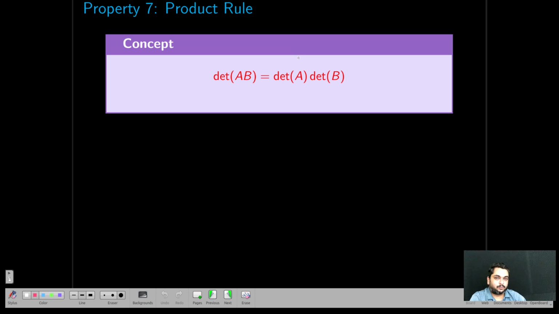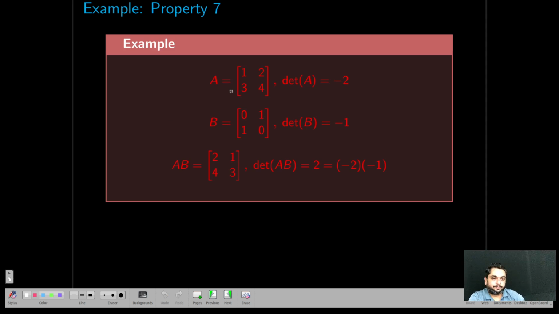The sum rule for determinants will not work, as I told you previously. But the multiplication rule definitely works. The determinant of AB is equal to the determinant of A times the determinant of B. This is always true. So let us take the determinants of A and B. You can find them as -2 and -1.